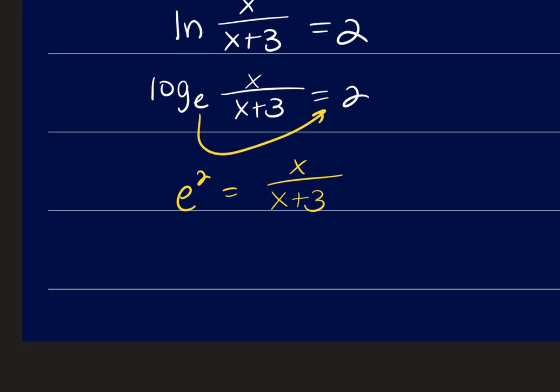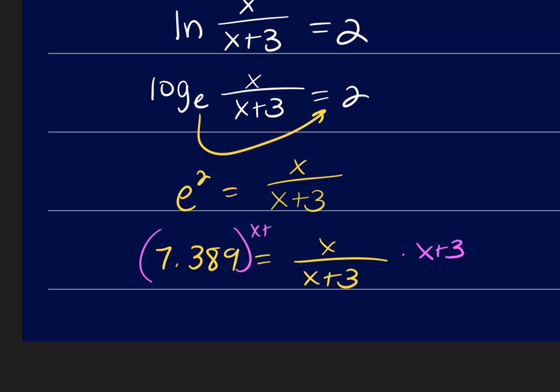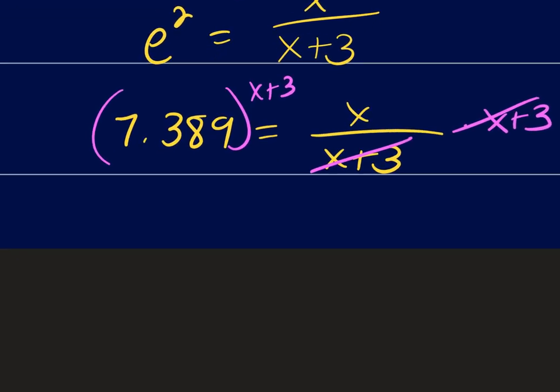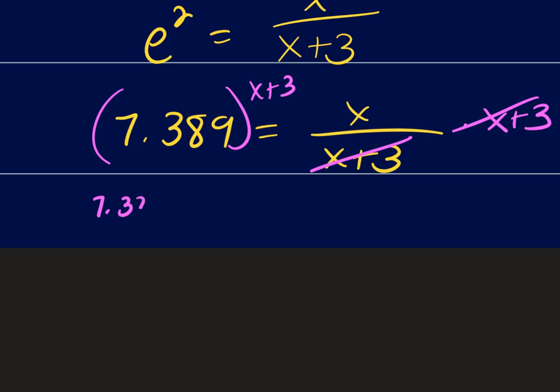I can do e to the second now, or I can save it. It doesn't matter, but I'm going to round it to 3 decimal places. That e to the second is 7.389. Then I multiply times x plus 3 to get it out of the bottom. 7.389x plus 7.389 times 3, which is 22.167, equals x.